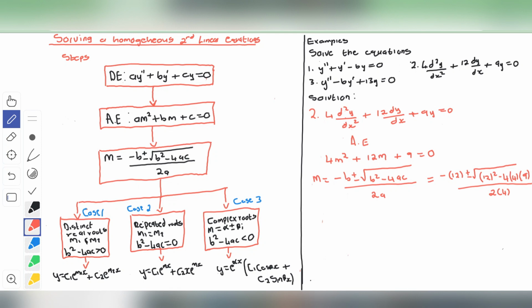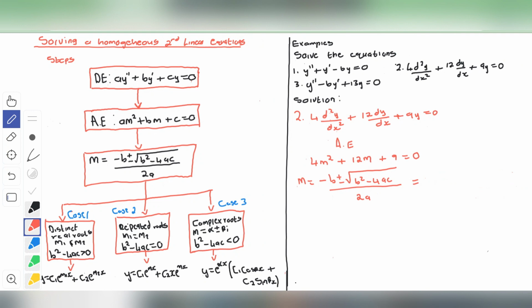So the final answer is going to give us, okay, the final answer is going to give us minus 1 plus or minus, wait guys, not minus 1, made a mistake.